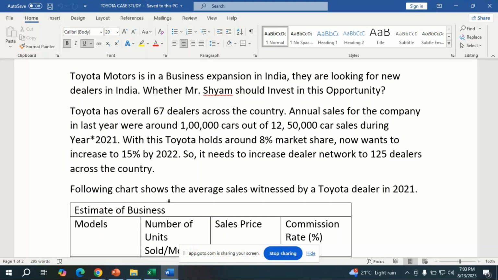Toyota has overall 67 dealers across the country. And what is the annual sales of the company?